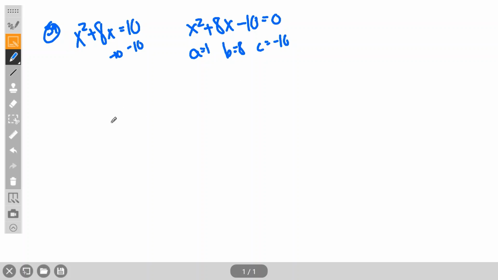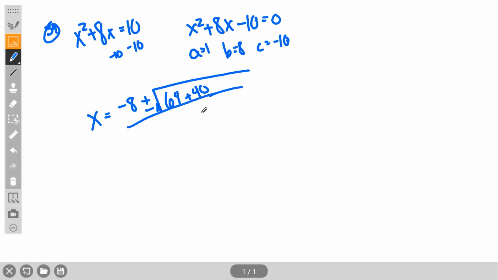So quadratic formula, x equals negative b plus or minus the square root of b squared minus 4 times a times c. So that would be plus 40, because 4 times 1 times 10 is 40, all over 2 times a, and a is 1, so all over 2. So this simplifies negative 8 plus or minus the square root of 104 over 2.